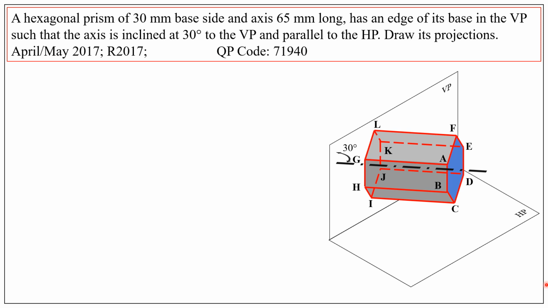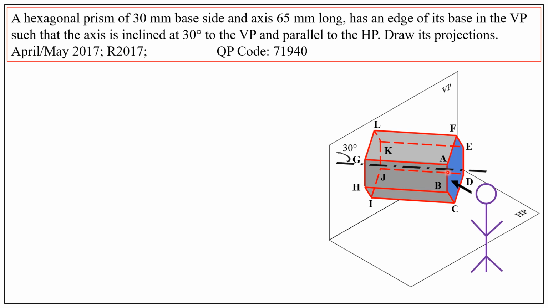So why do we denote these things as dotted lines? Because if an observer stands in front of the vertical plane and looks to draw the front view, the long edge EK and the long edge DJ are invisible.